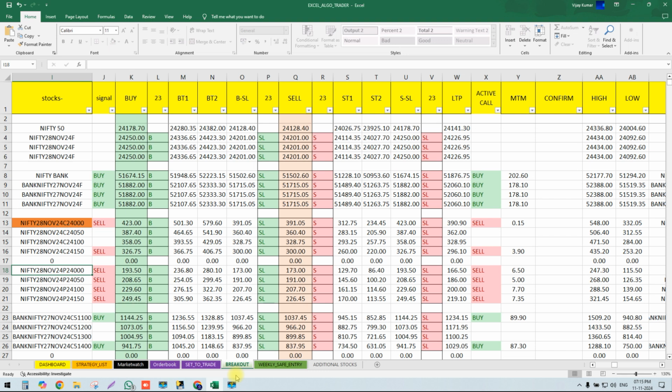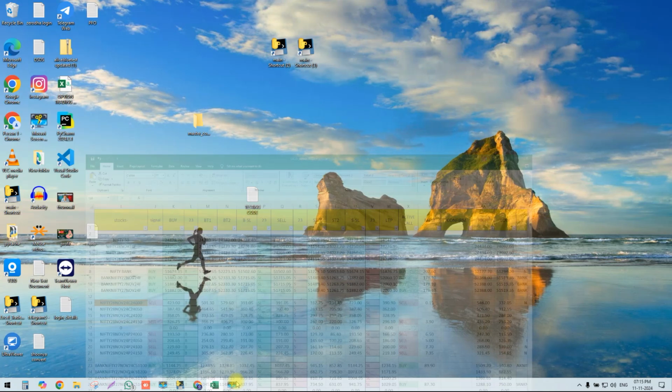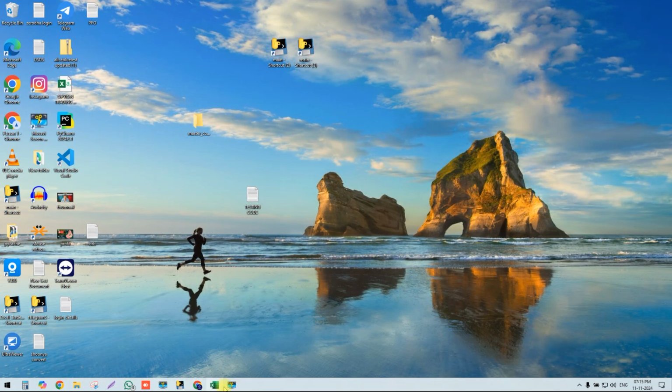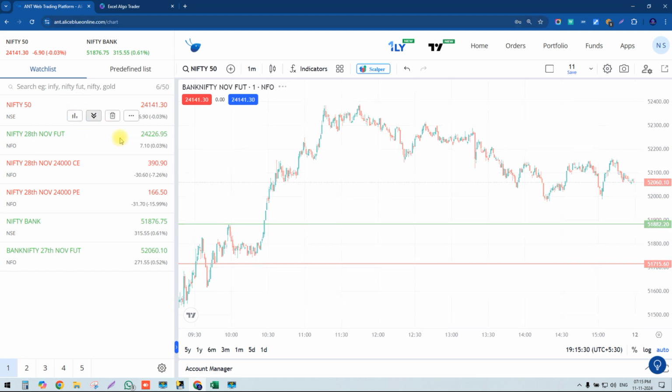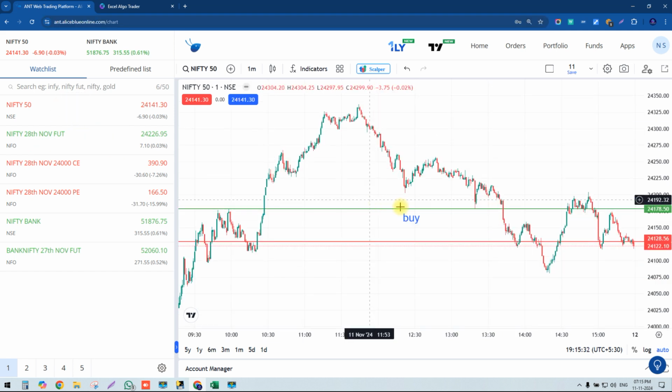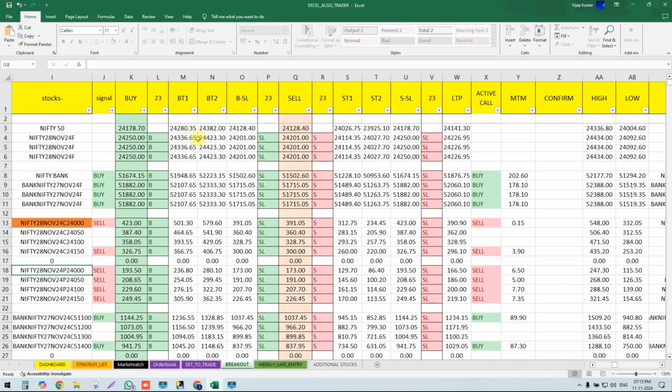Okay, and yes guys, everything is here. This is our Alice Blue broking terminal, and we'll come back to Nifty 50 now. I'll show you in our breakout strategy Excel.